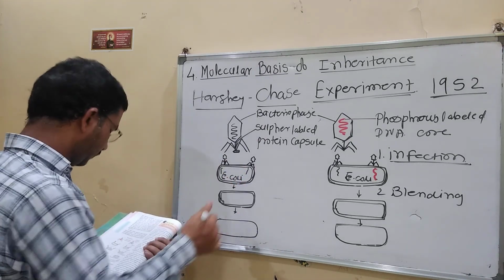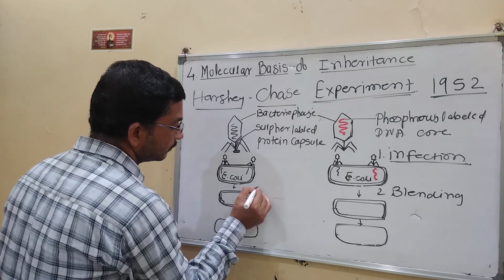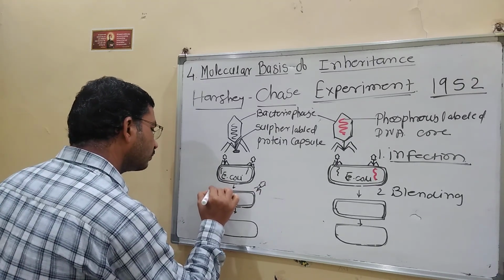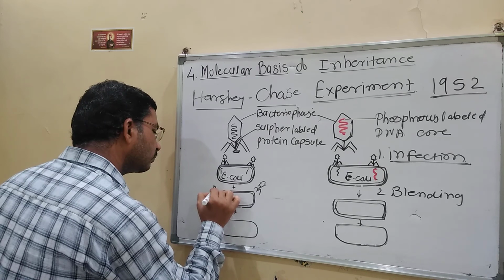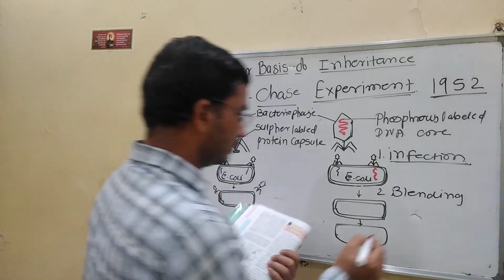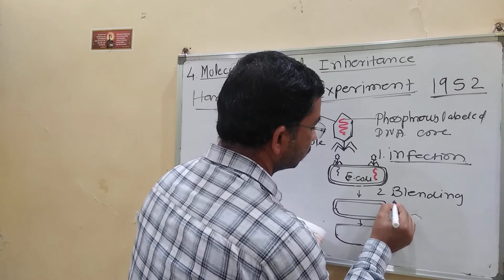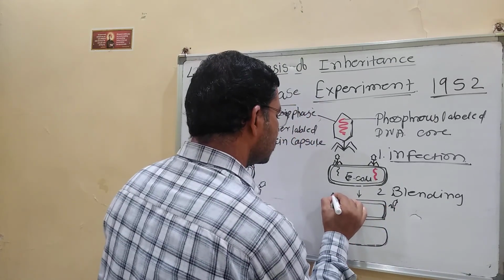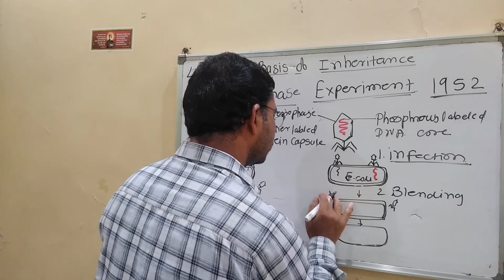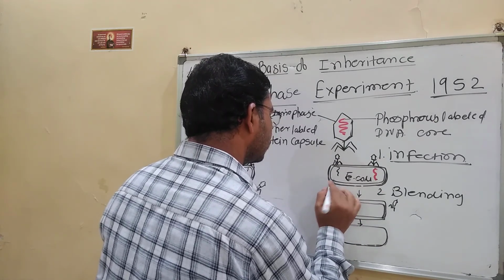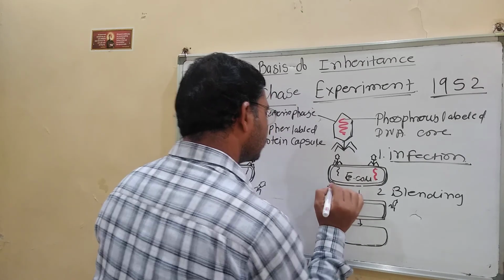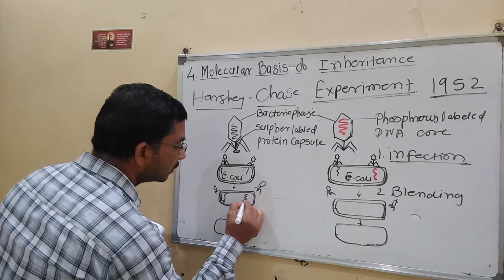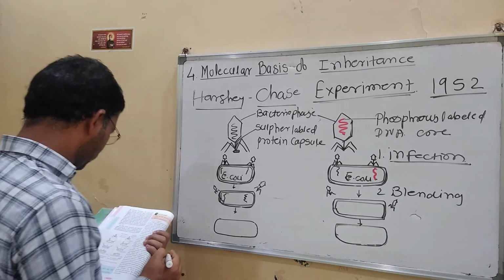I draw this diagram first, then I will explain. This is the DNA of the bacteria, and this is the DNA of the bacteriophage.